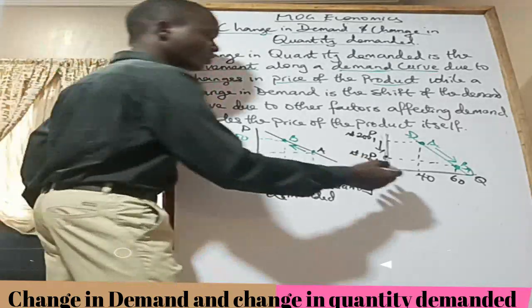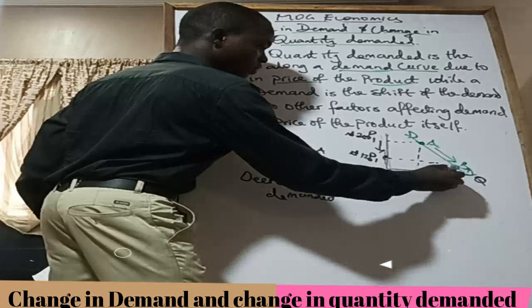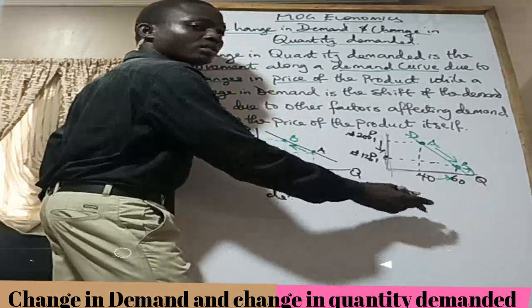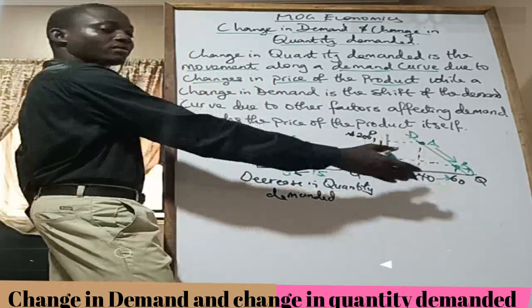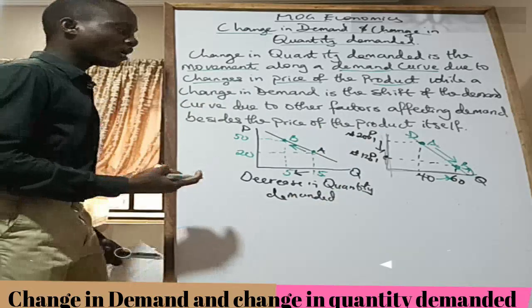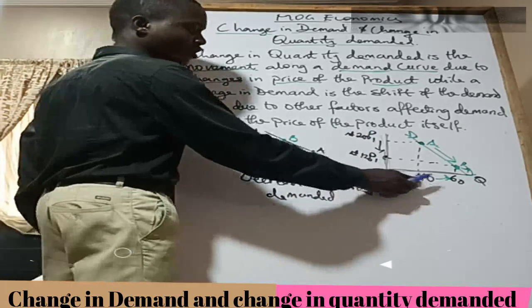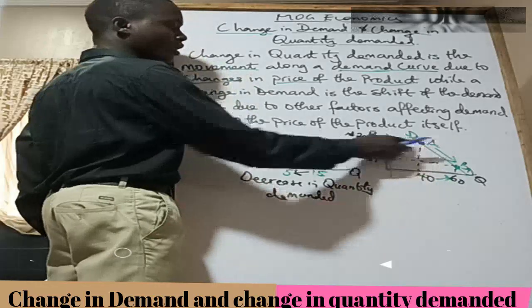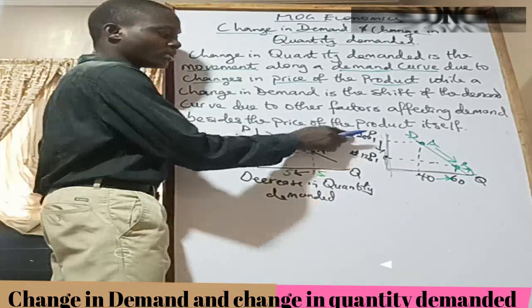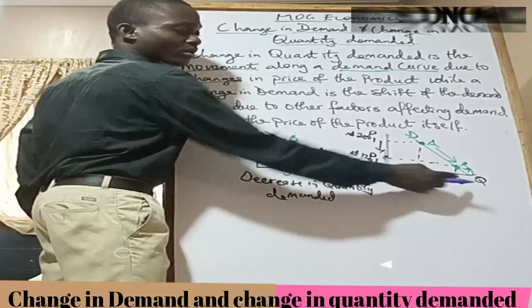So it went from 40 to 60. So a rise in the amount of goods and services that consumers are demanding, right, due to a fall in price. Because for it to have come from 40 to 60, look at what is happening to your price. Starting from a higher price, then the higher price fell to a lower price.